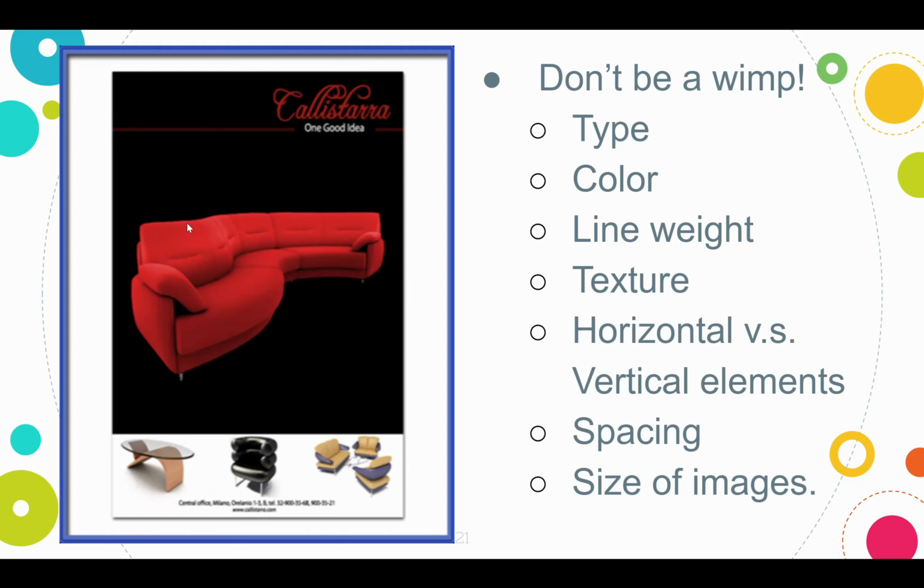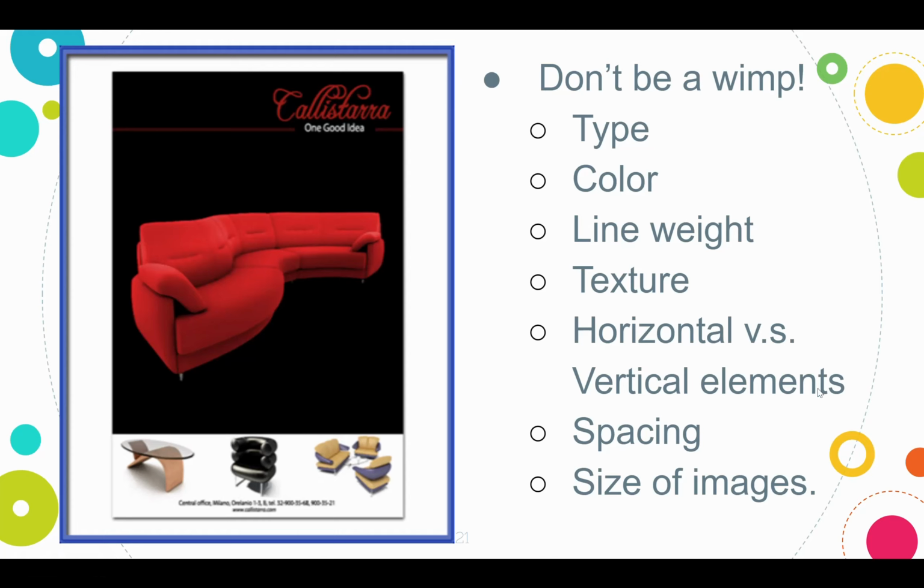This is dominant, bright color red up against black. This is bright white up against some basic colors. There's a contrast here between the glorious couch they want us to see and the information they give us below. That's a nice contrast. We notice that there's color contrast, black versus white.